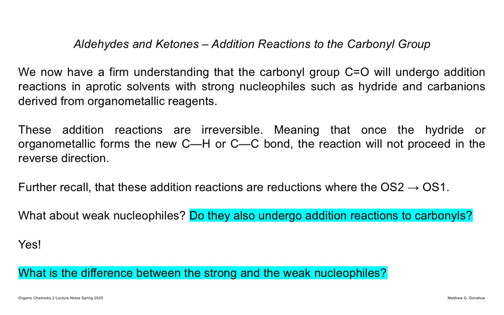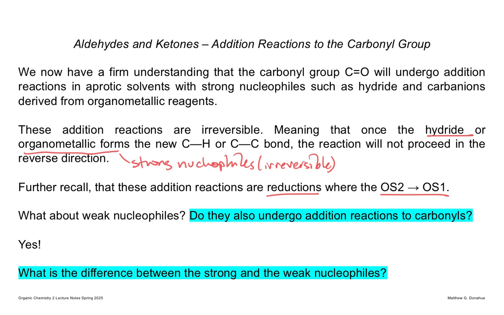So the reactions are now reversible. To highlight those words here, there's hydride or organometallic. Those were strong nucleophiles, and they're irreversible. So overall, that was, again, the reduction of that carbon from the carbonyl to the alcohol.